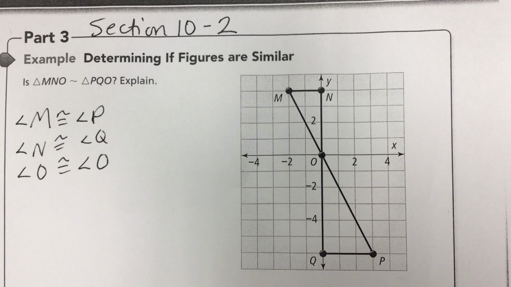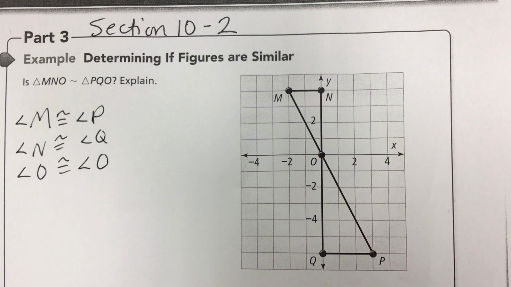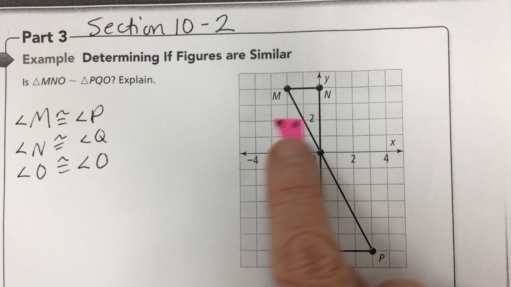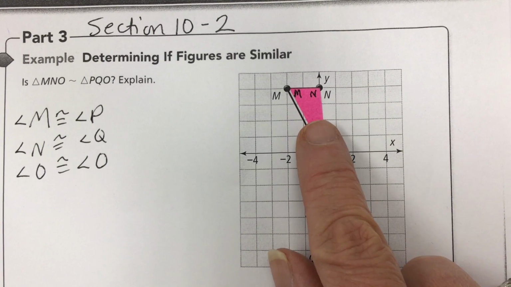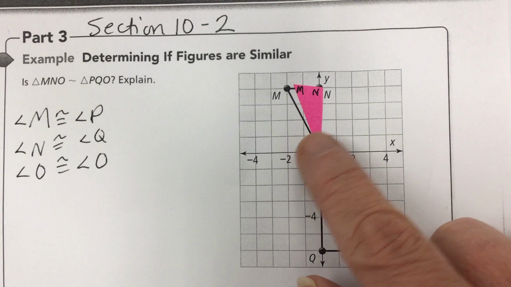Okay? So, we must first of all determine a mapping, and then I see that this triangle is larger than this one, so we need to find the dilation and then see if all of the scale factors are the same. So the first thing that I'm going to do is place my little triangle here. Okay, I have MNO.